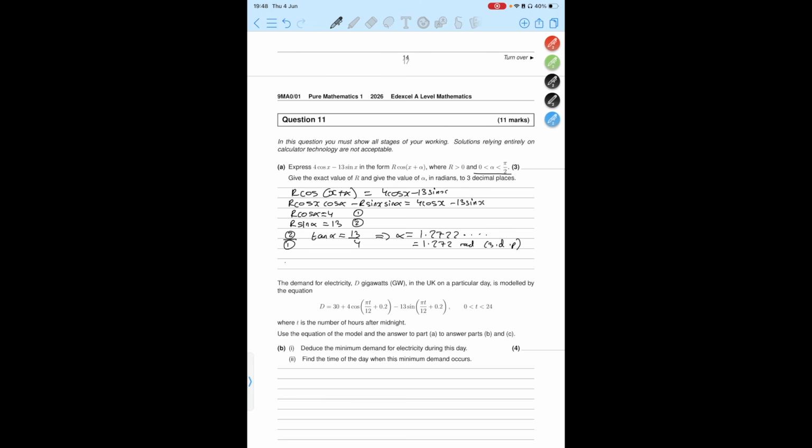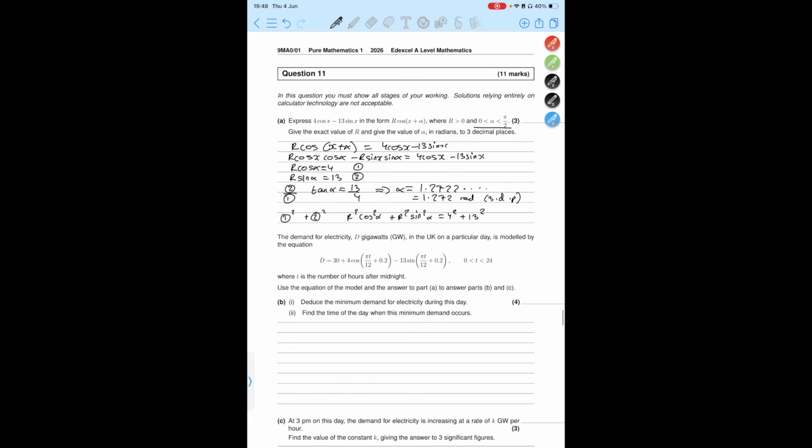And lastly, we can do 1 squared plus 2 squared, because then that gives us r squared cos squared alpha plus r squared sine squared alpha is equal to 4 squared plus 13 squared. So therefore r equals root of 4 squared plus 13 squared, and that should be root 185.